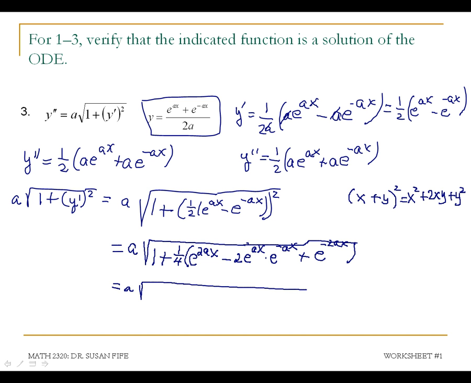Simplifying underneath this square root, I'm going to start by writing 1 as 4/4, because I see this 1/4, so that I have common denominators. And e to the 2ax, I'll copy that, minus 2 e to the ax times e to the negative ax. When you multiply e to the ax and e to the negative ax, you're adding the exponents. It's a formula: a to the n times a to the m gives you a to the n plus m.